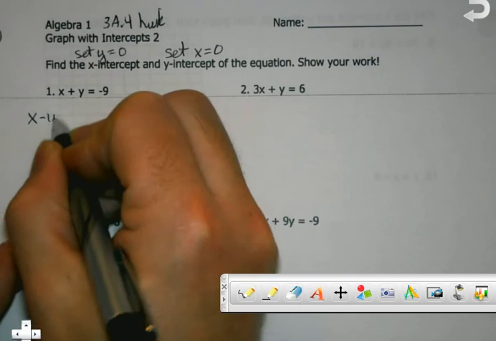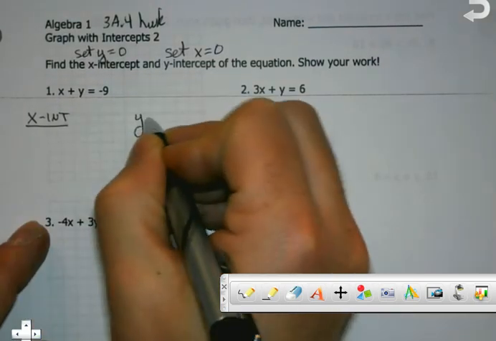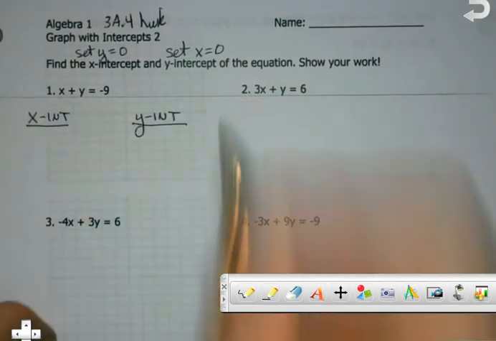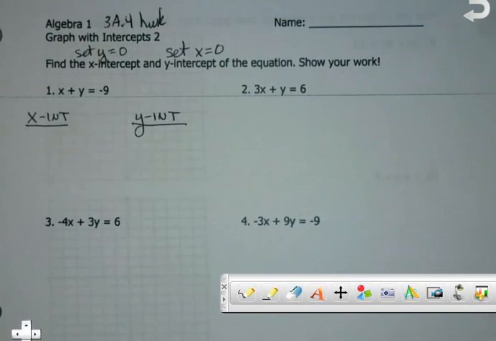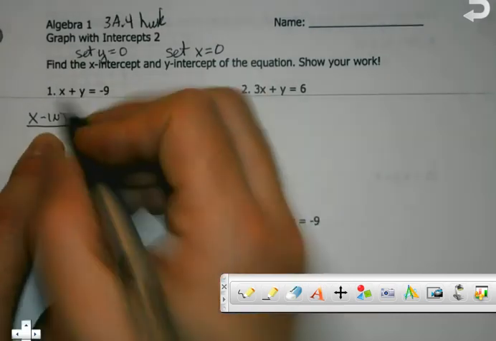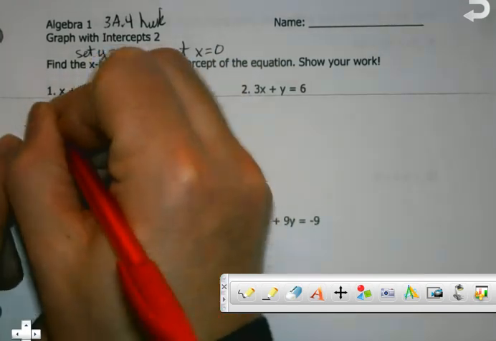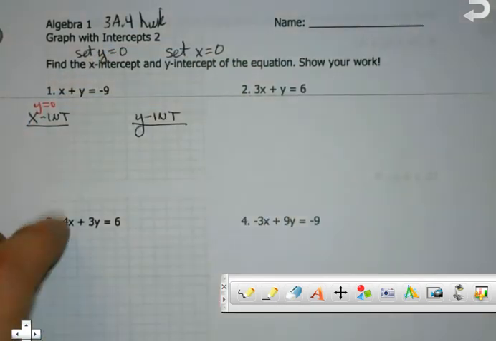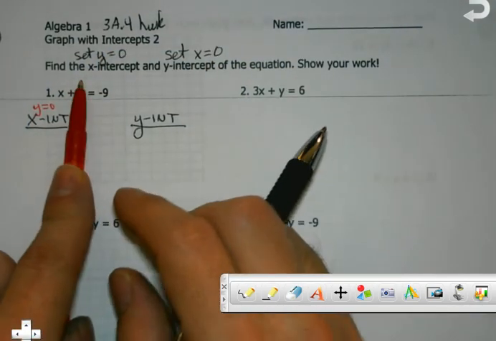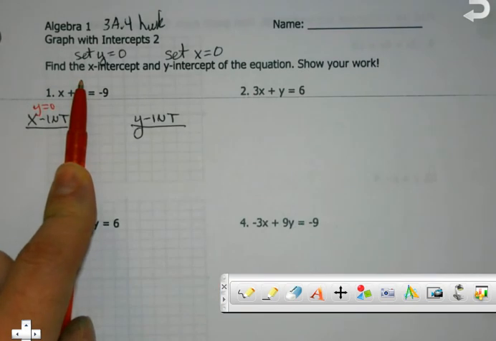So, I'm going to make myself 2 separate little spots for this. And here's how this is going to work. Since I'm putting 0 in for something, when you put in 0 for a variable, it kind of just disappears, right? Because adding 0 to something doesn't matter, subtracting doesn't matter. So on every one of these equations, if I'm looking for the x-intercept, and I know that y equals 0, doesn't that basically just mean that I can wipe the y out and pretend it's not there?